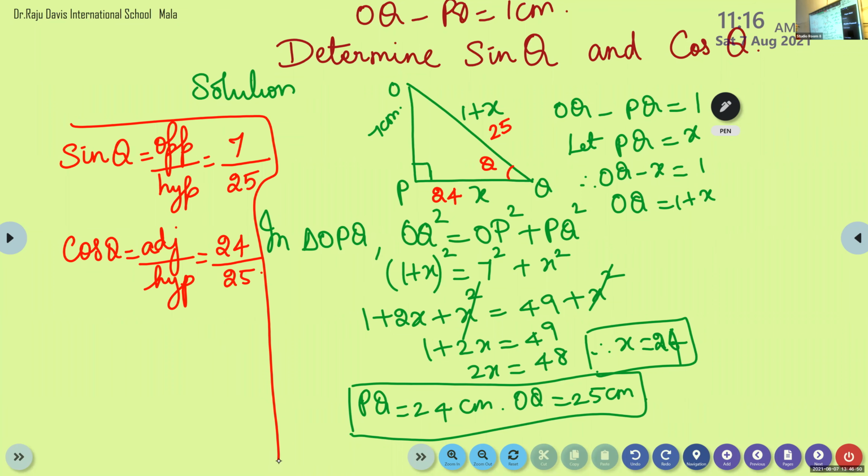It is a right angle triangle, so hypotenuse square is base square plus altitude square. We get (1 plus x) square is equal to 7 square plus x square. We expand it, x square gets cancelled, and from that we find x. After finding x, we find the other two sides. Then we find out what is asked in the question: sin Q and cos Q.